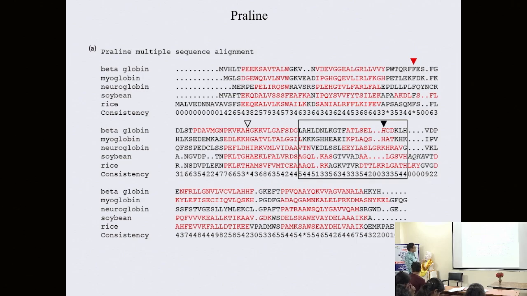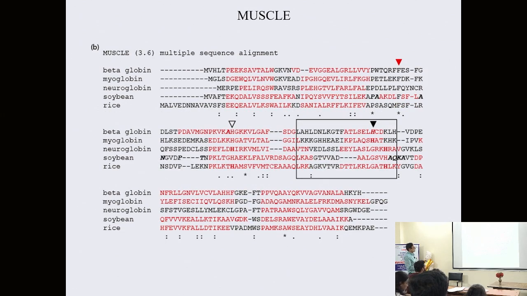Let's look at Praline. Keep your mind focused on this. Again, this is also not good. Histidine in the first 2 sequences are aligned, but then they are offset by several residues in the other sequences. Muscle is also not able to align histidine in one column.